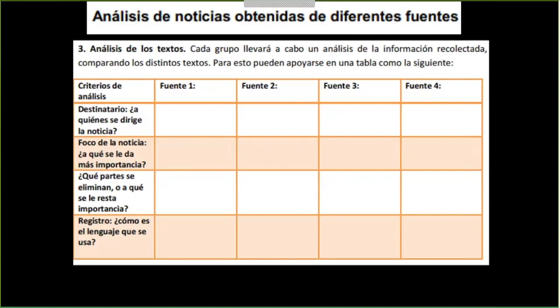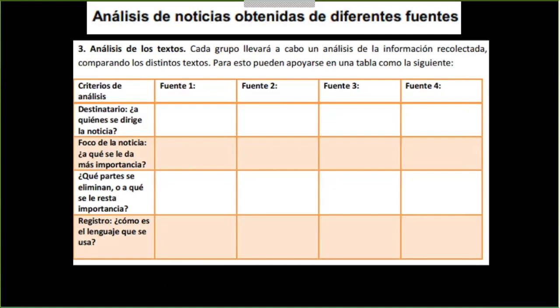This is an example of scaffolding that you might use to help students analyze texts from different sources. So at the top, they have source 1, source 2, source 3, source 4, and I'm writing in what my sources are. This was a video clip, this was a newspaper article, this was a comic strip, or whatever. And then on the left, it's asking what are the different criteria for analysis.